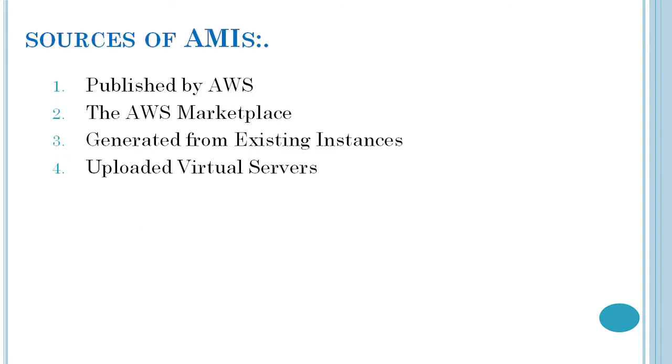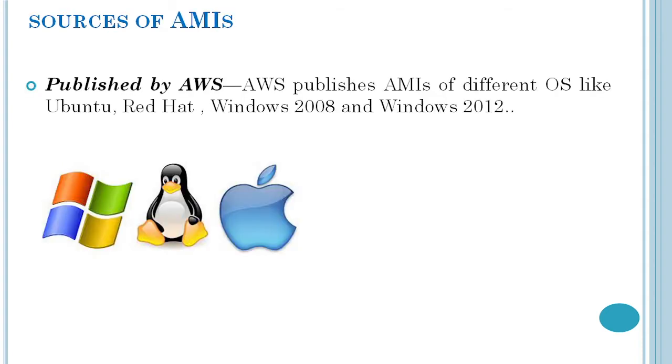There are four sources of AMIs. First is published by AWS, the AWS Marketplace. Another one is generated from existing instances, uploaded from virtual servers. So first one is published by AWS. AWS publishes AMIs with versions of many different operating systems, both Linux and Windows.